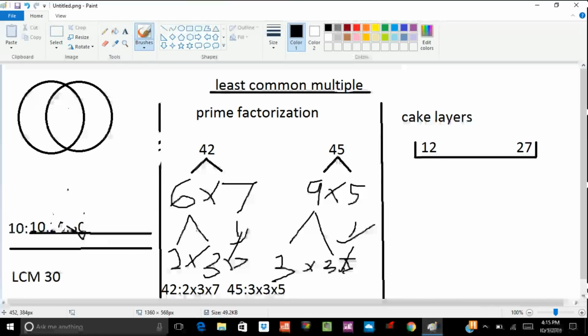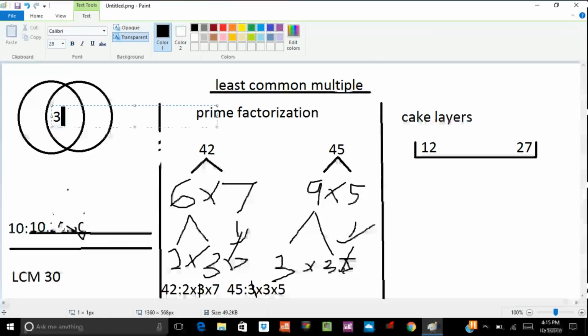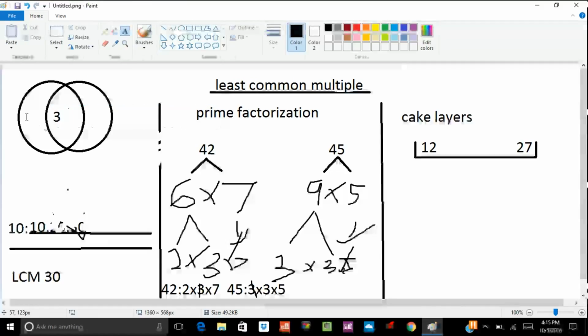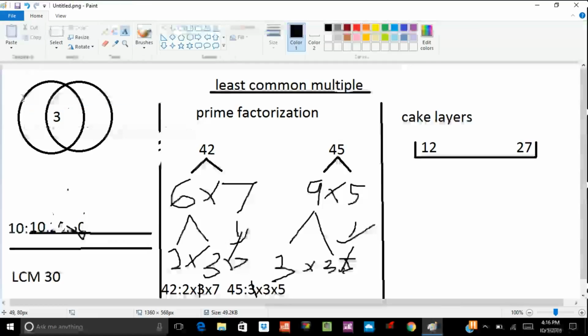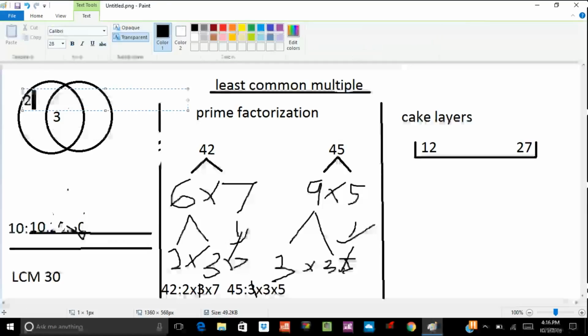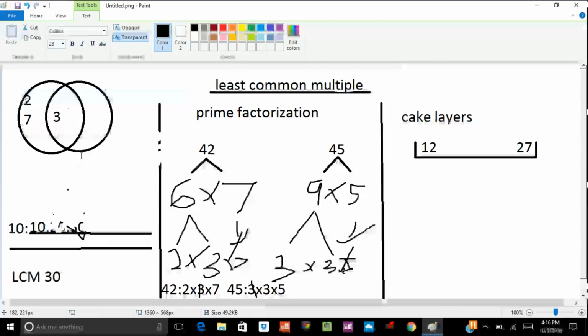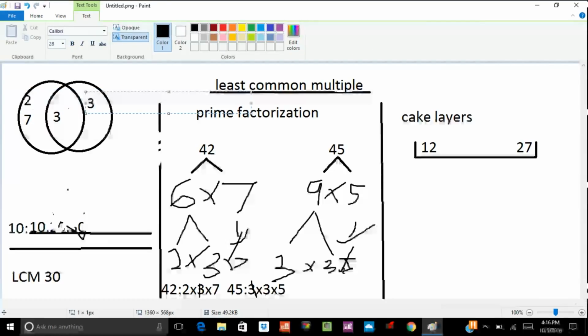There is a 3, and that's all. We'll put it in the middle: 3. Then on the top, 2 and 7. After I put that, I need to put 3 and 5.